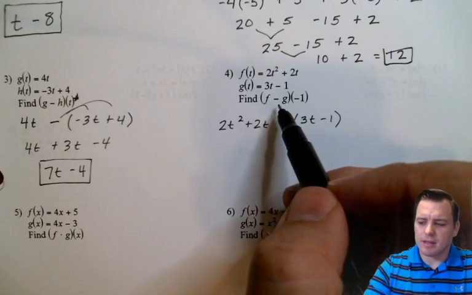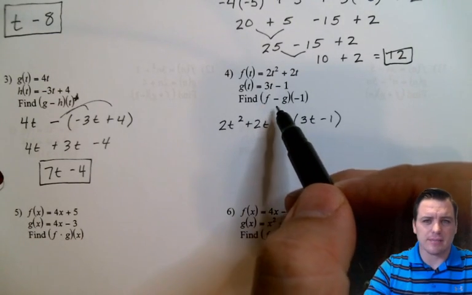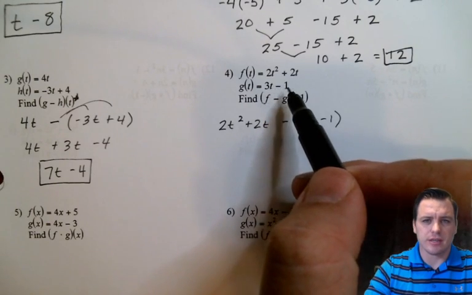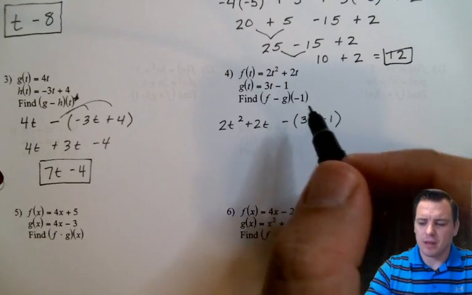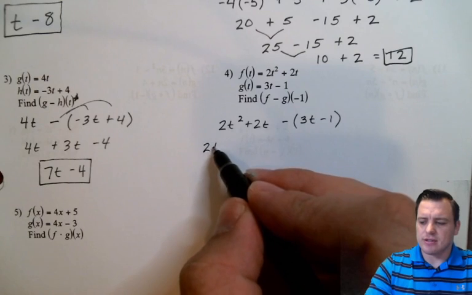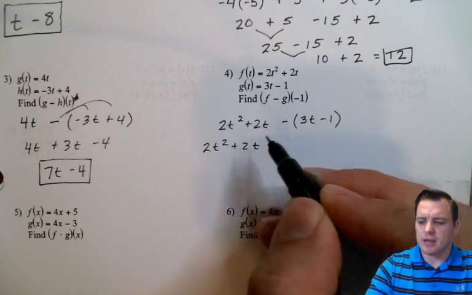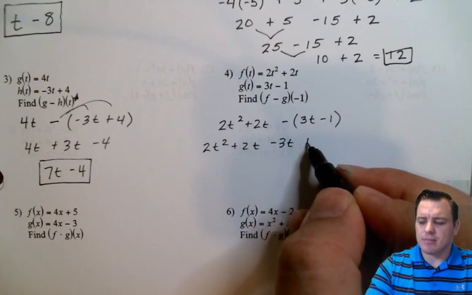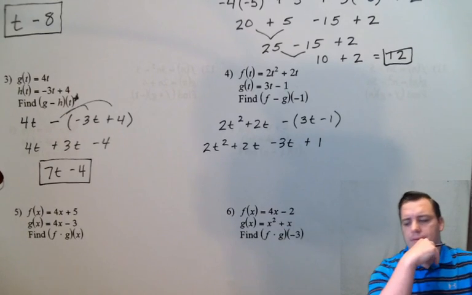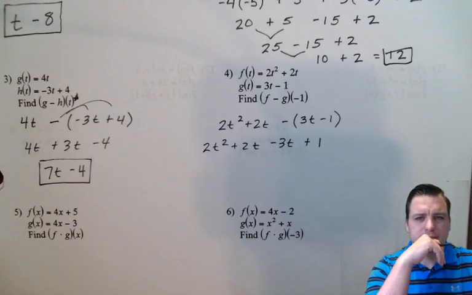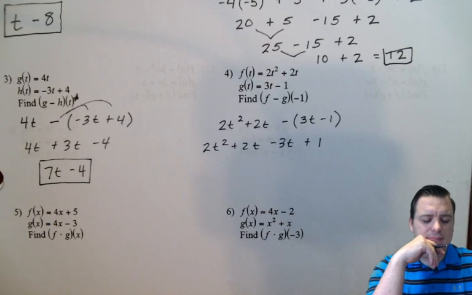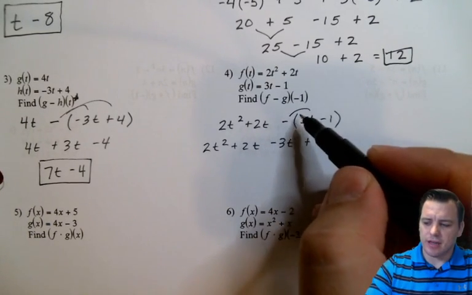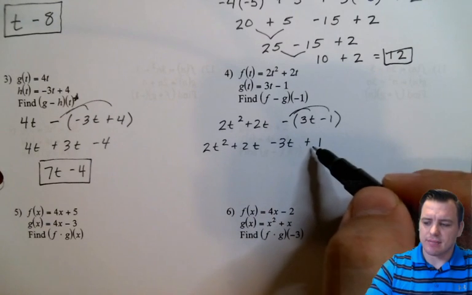So we're saying it's not just minus 3t, it's minus g, and g is 3t minus 1, so we have to say minus the whole thing. So let's go ahead and take care of that. That's 2t squared plus 2t, and then minus 3t plus 1. The only thing I did was just distribute the negative and got negative 3t and positive 1.